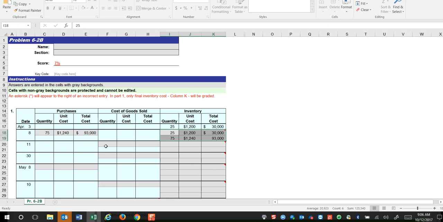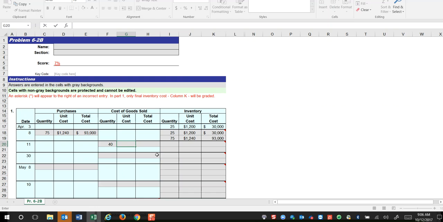Okay, so the next thing that happens is that on the 11th I make a sale for 40 units. I don't really need the price that they sold at. What I need here is the total cost of goods sold for that.